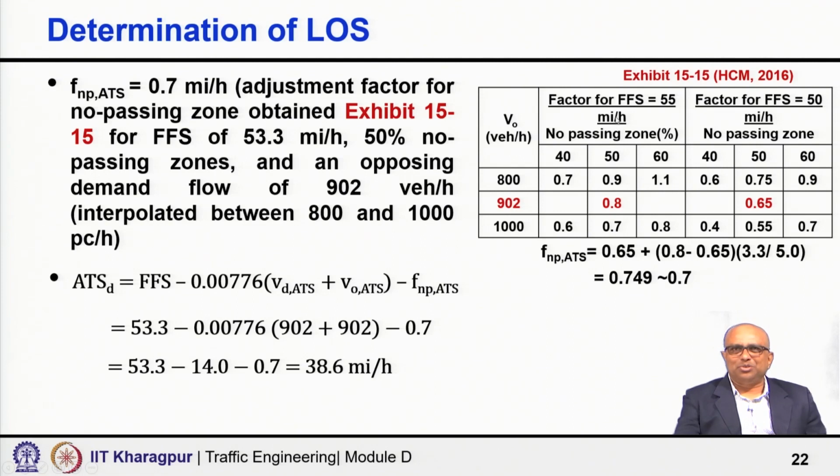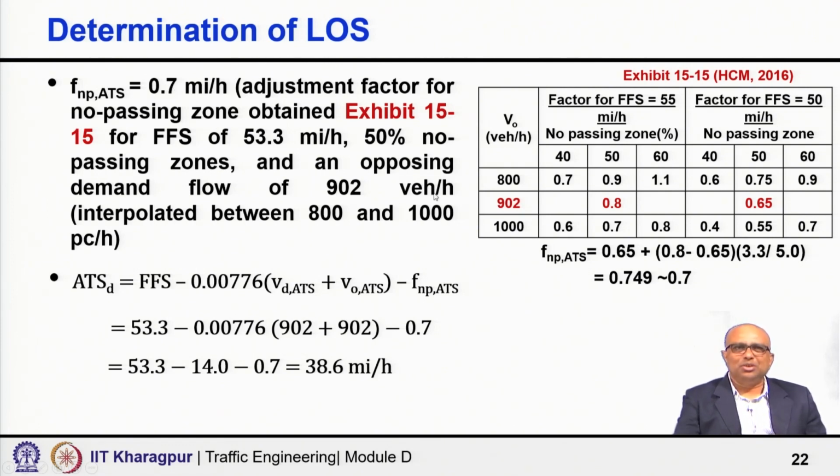First we do it for FFS 55 miles per hour, interpolating between 800 and 900, and get the value as 0.8. Again for 50, we interpolate between 800 and 900 to get the value for 902 as 0.65. Then we know for 55 it is 0.8 and for 50 it is 0.65. So, for 53.3 the value altogether is calculated as 0.7.